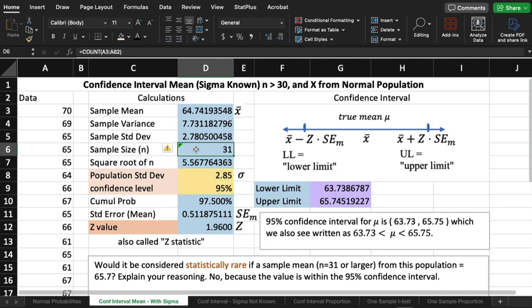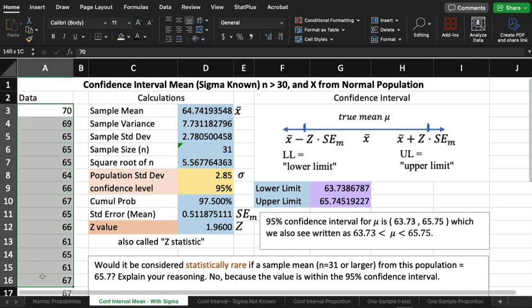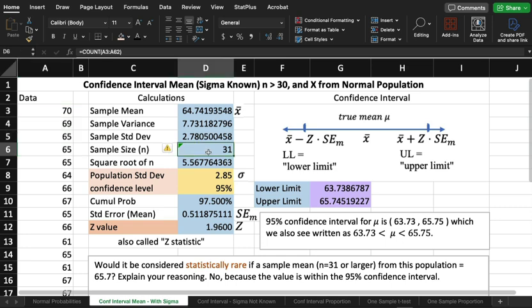We also absolutely need to know what our sample size was, and the sample size needed to be 31 or more. In this case, the data is over here in column A, and the data actually is a sample of size 31. So we met that requirement. We also need to be fairly certain that the x's, which are our data, come from a normal population.